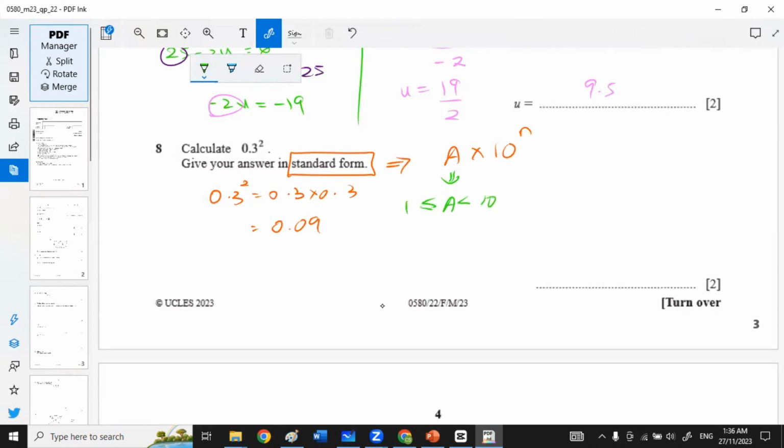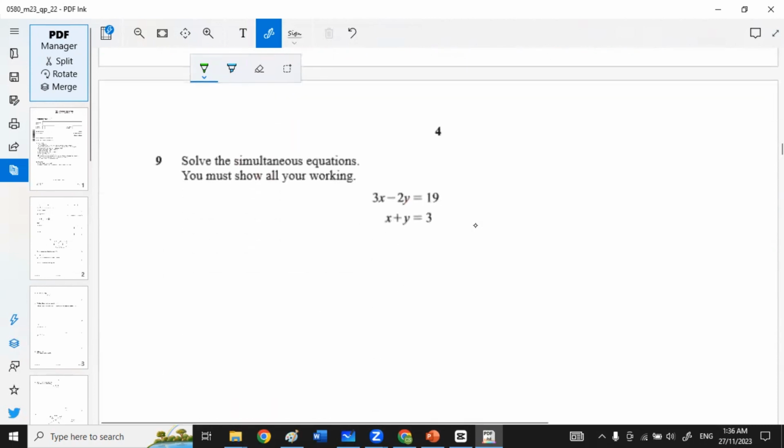It can equal 1, but it cannot be equal to 10. It should be less than 10. And the n, it can be positive or negative. Negative when you have decimals. This case is a negative. So 2 decimal places will give you negative 2, times, just take the 9. That's your answer. 9 times 10 to the power of negative 2.